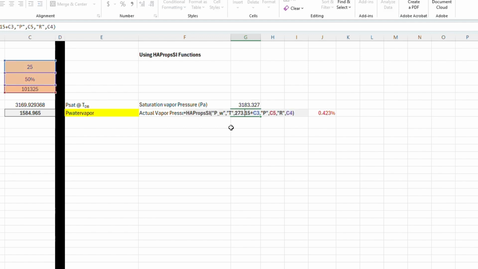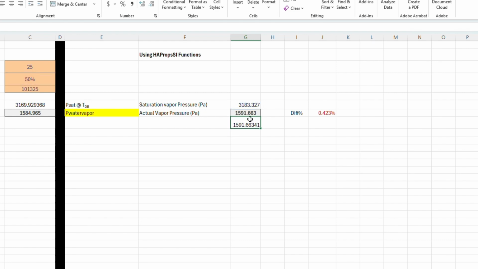You can also calculate the pressure of water vapor directly using this by just putting in the humidity value of 50%. Okay. So right now this calculation is not using this value. You could also just use this formula where you use this and times 50%.